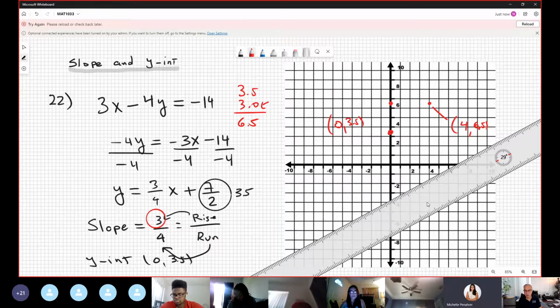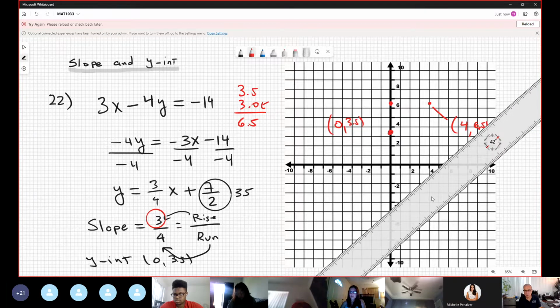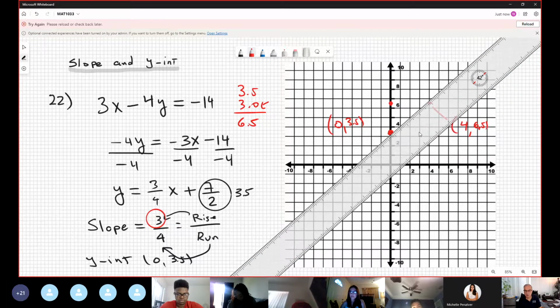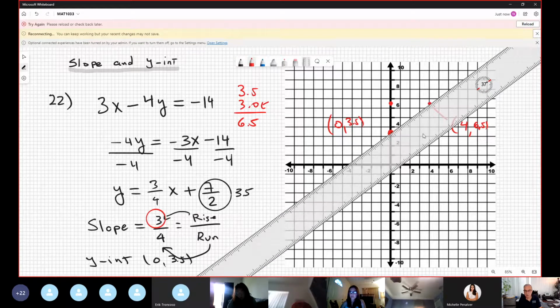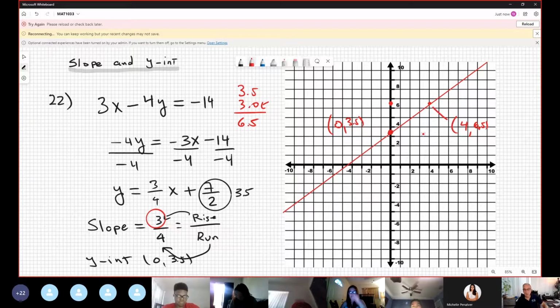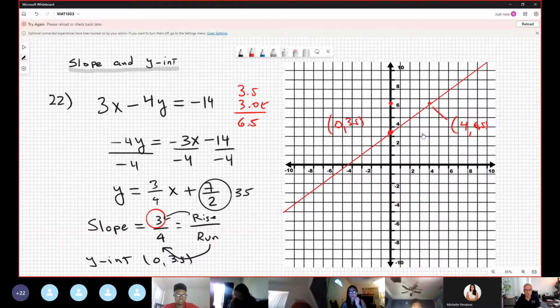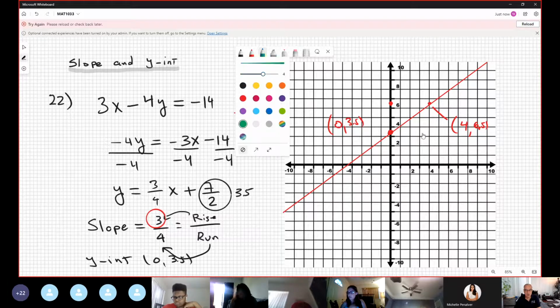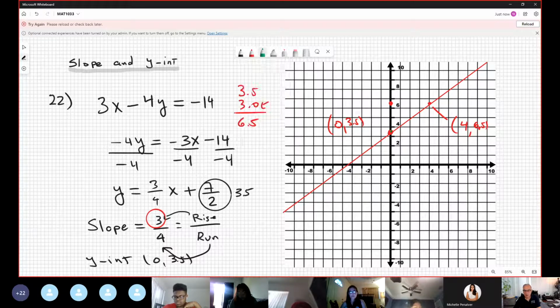Absolutely. Don't hesitate to ask me any question. I finished the ruler. The last part was, let me use another color, green. Green color helps you to understand. This is the y-intercept, no problem, right?